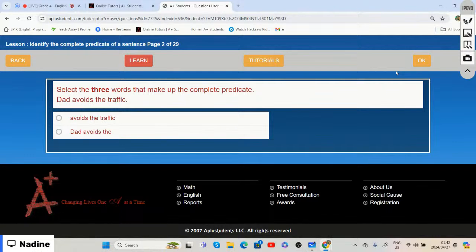Remember, a predicate is the verb, it's the action.